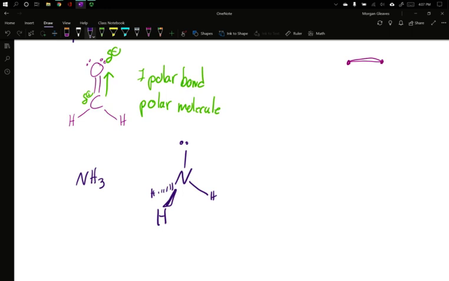And so this trigonal pyramidal structure, well, N-H is reasonably polar, 3 and 2.1, so a 0.9 difference. It actually puts the polarity on the nitrogen. So we're going to have the partial negative on the nitrogen, a bunch of partial positives on the hydrogens. And so my nitrogen is somewhat negative, and my hydrogens are somewhat positive.